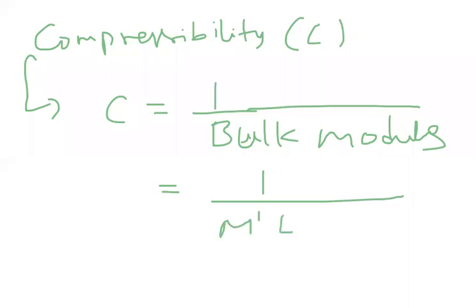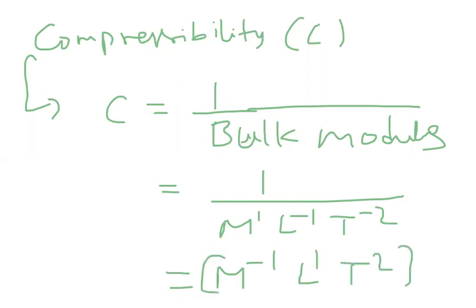For any modulus, the dimensional formula is the same as pressure: M¹ L⁻¹ T⁻². So compressibility here also has a negative dimension in mass. Don't call bulk modulus and pressure the same, but the dimensional formulas of bulk modulus and pressure are the same.